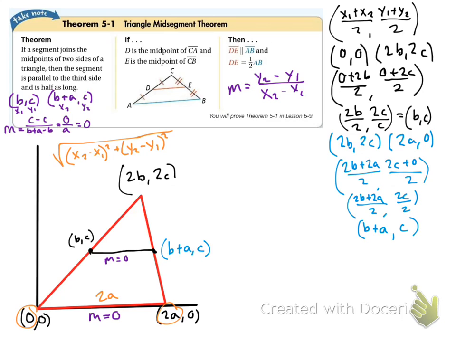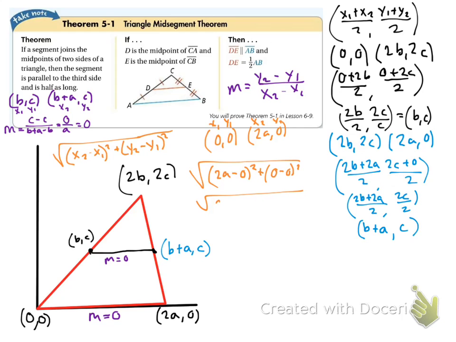We can do the same thing with our mid-segment, but let's just use our distance formulas anyway and figure it out. So if I use the points (0, 0) and (2a, 0), x1, y1, x2, y2, I get the square root of 2a minus 0 squared plus 0 minus 0 squared. So this is the square root of (2a), with the parentheses still around it, squared plus 0 squared.